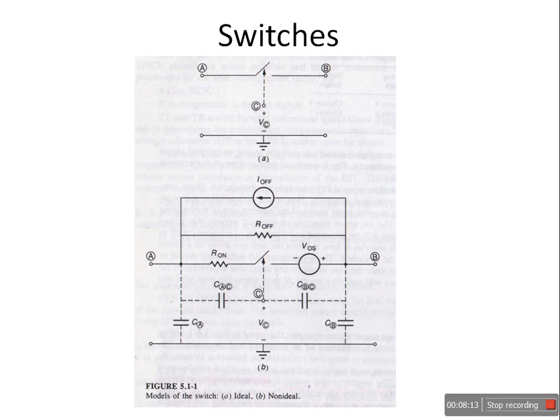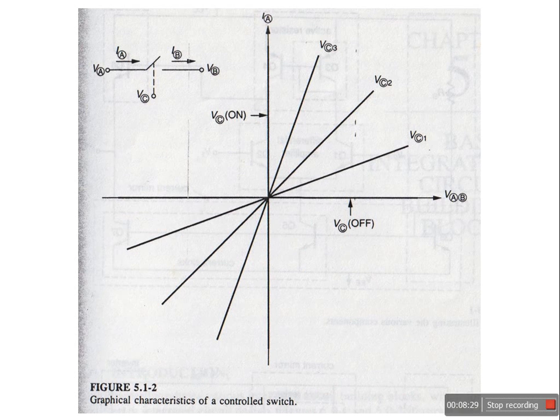Now we will see the ideal characteristics of this controlled switch. Of course it is a controlled switch because we are controlling the current between A and B using the third control terminal, that is terminal C. So these are the characteristics. Now you see VA, VB, IA, IB, and there is VC.